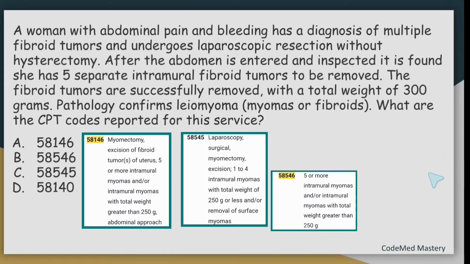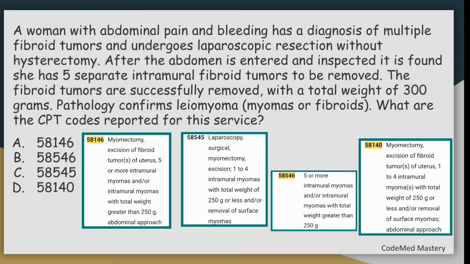Check option C, 58545, which is for laparoscopy surgical myomectomy excision, 1 to 4 intramural myomas with total weight of 250 gram or less. And option D, 58140, is for myomectomy excision of fibroid tumor of uterus, 1 to 4 intramural myomas with total weight of 250 gram or less, abdominal approach.